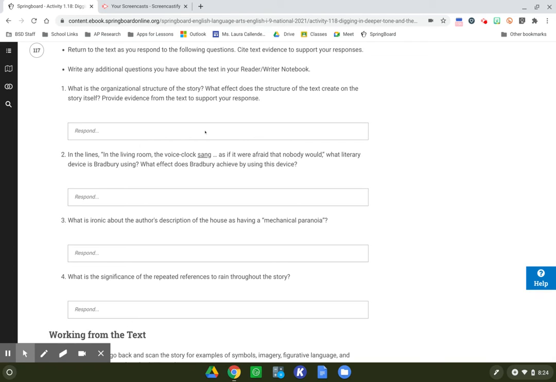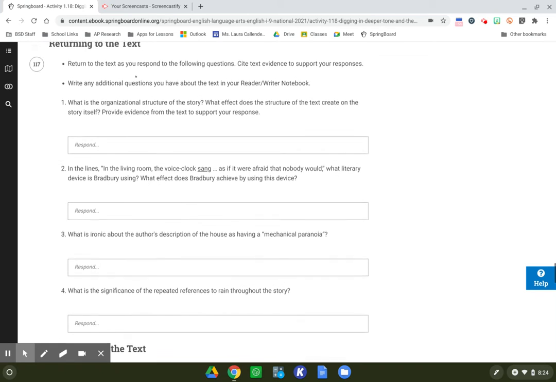So when we meet on Thursday and Friday, possibly even Tuesday, maybe Monday, we will talk about these questions and try to answer them together in small groups and as a class. So please do have these filled out. Have text evidence to support your answer so that we can share these with each other.